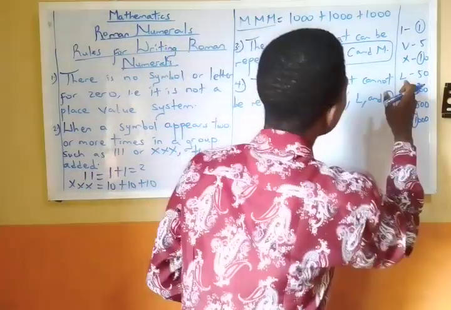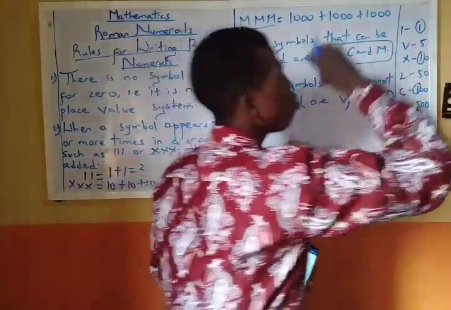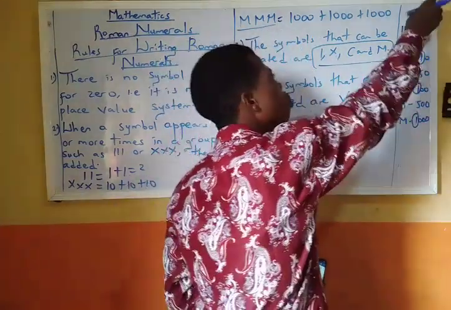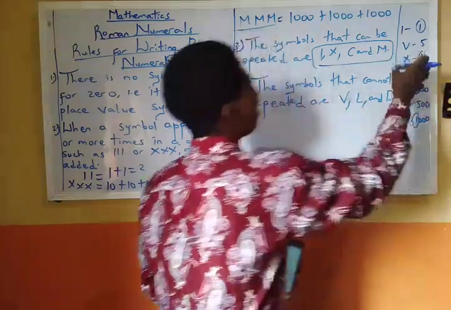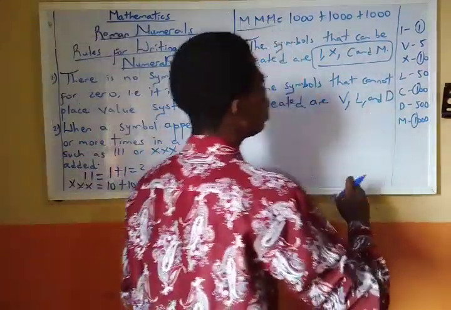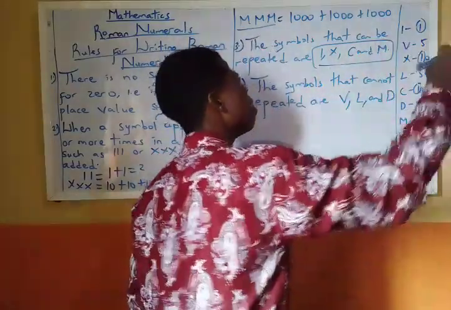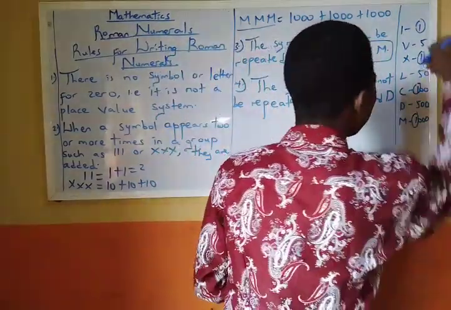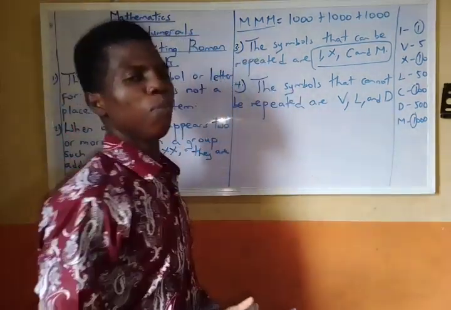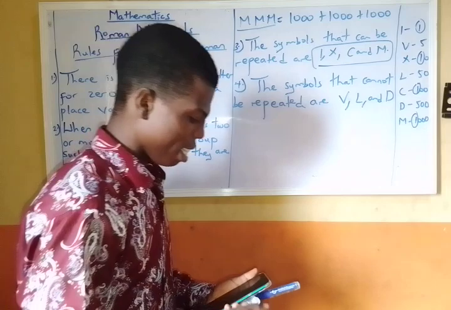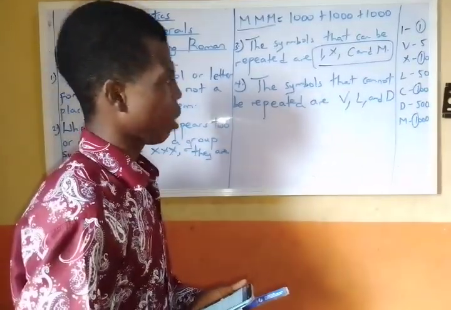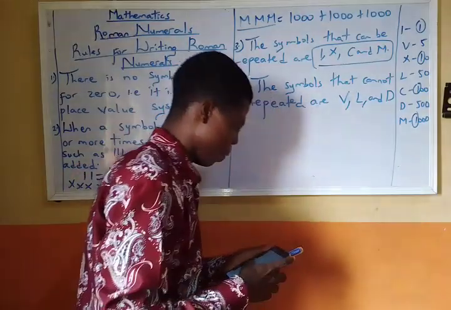So you now see that the symbols whose values have 1 can be repeated. The symbols whose values do not have 1 but have 5 cannot be repeated. You got what I'm saying now? They cannot be repeated.